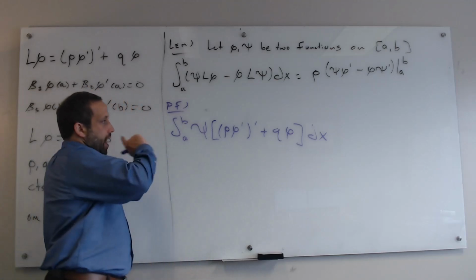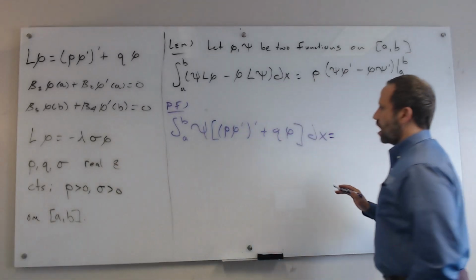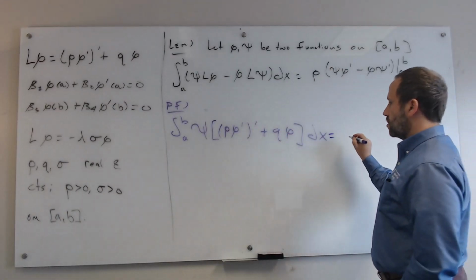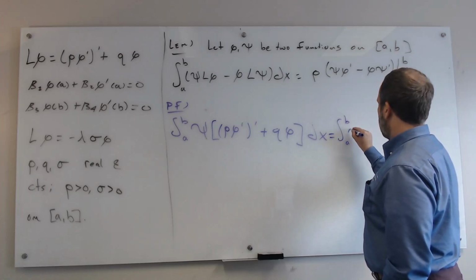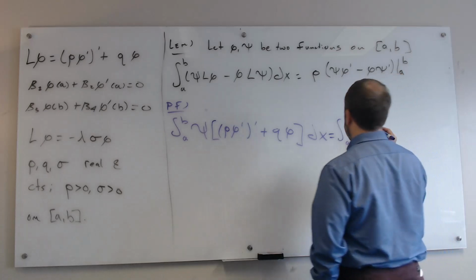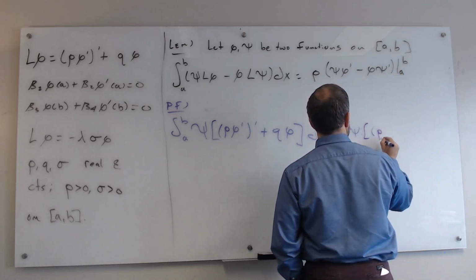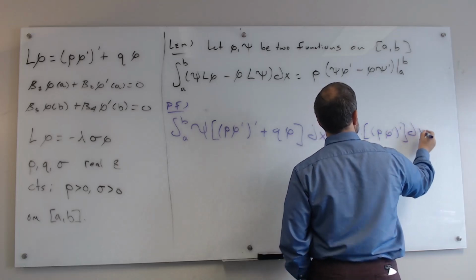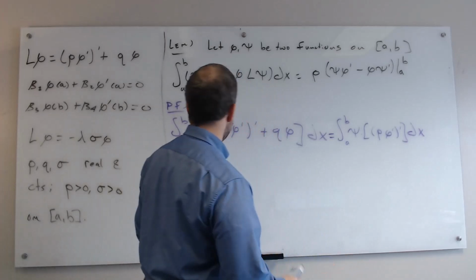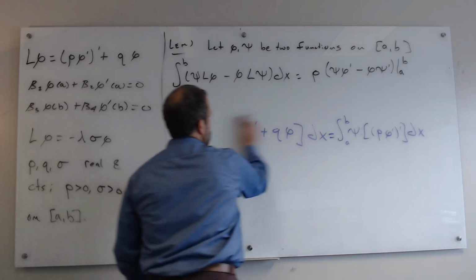Okay, so now what we're going to have here, I'm going to distribute the psi first. And this is going to be the integral from a to b of psi times p phi prime prime dx, and I have run out of room here, so I'm just going to erase this and squeeze everything together.